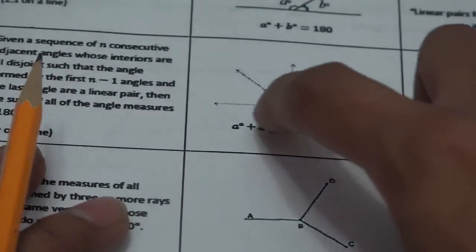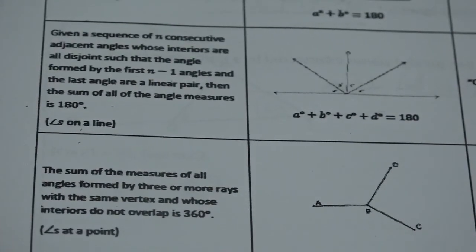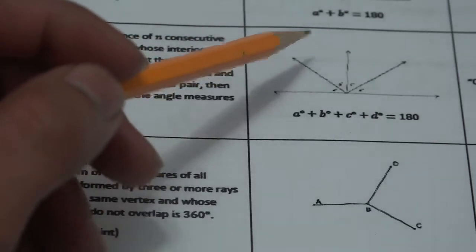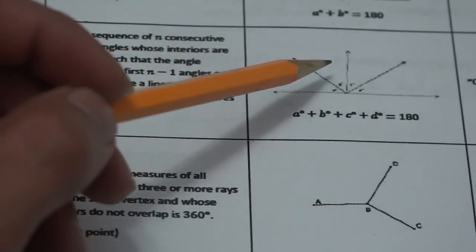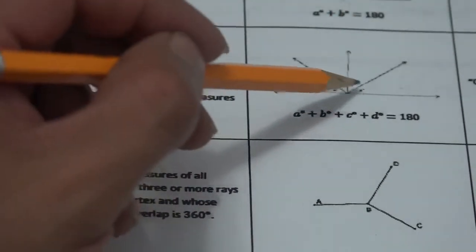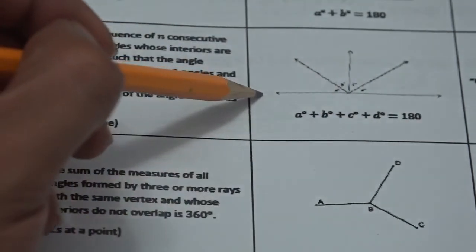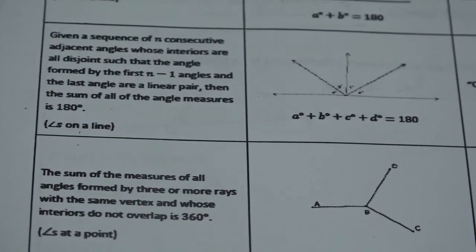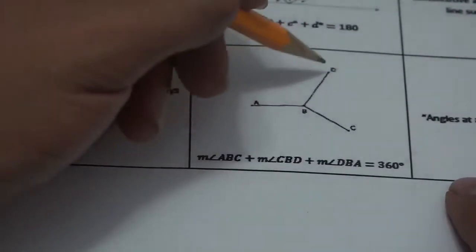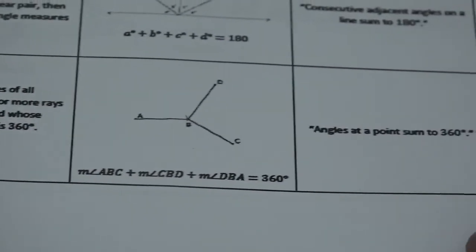So the sum of all these consecutive angles has to be 180 degrees. When we conduct a proof, a good reason would be: consecutive adjacent angles, adjacent because they share the same vertex, on a straight line, sum up to 180. And last but not least, angles at a point sum to 360 degrees.